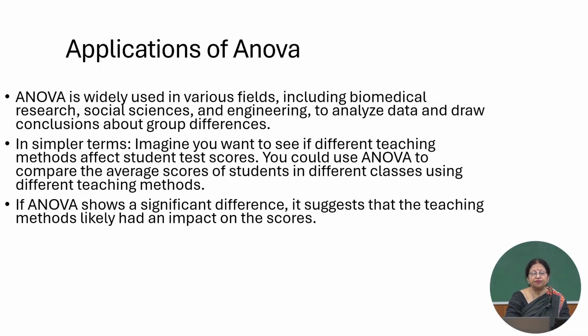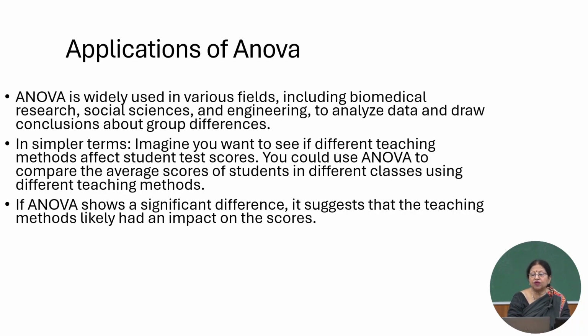Applications of ANOVA. ANOVA is widely used in various fields, including biomedical research, social sciences, and engineering, to analyze data and draw conclusions about group differences. In simpler terms, imagine you want to see if different teaching methods affect students' test scores.